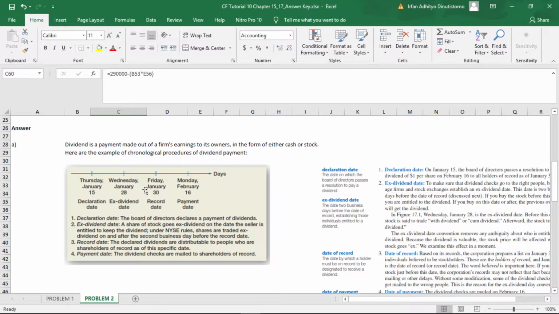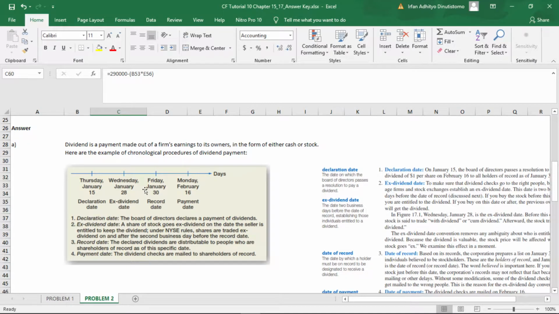Ex-dividend date is the last date on which the seller is entitled to keep the dividend. If I buy the stocks on January 28 or later, I won't have the right to keep the dividend.